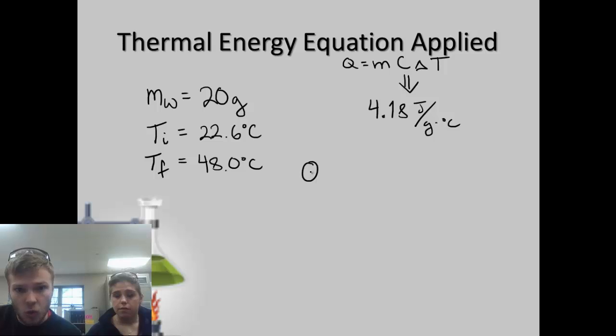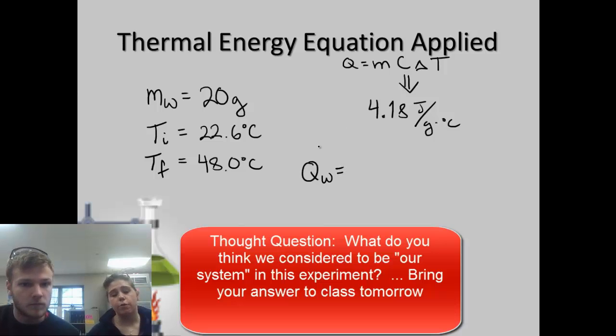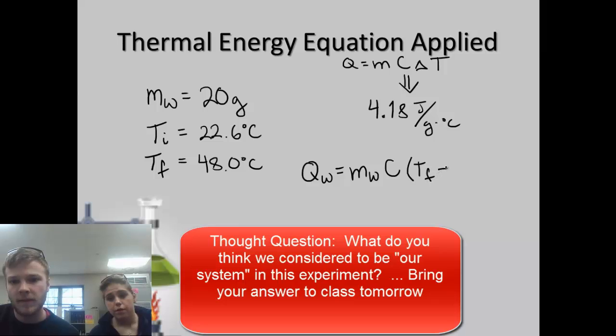So this is going to be Q water. Remember, energy can't be created or destroyed, so we're assuming that the energy we lost by burning that chip is going to be equal to the energy gained by that water.